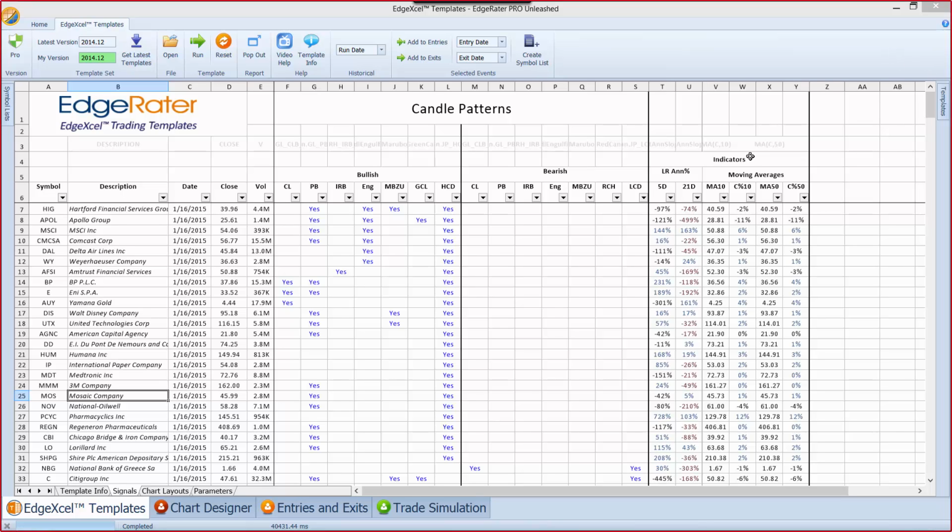And it's also useful, as we saw, to use these indicators so that once you've found a candle pattern that you're looking for, you can then see if a stock is potentially in a short-term uptrend or downtrend, or how far the close is above or below any of the moving averages that are in here too.